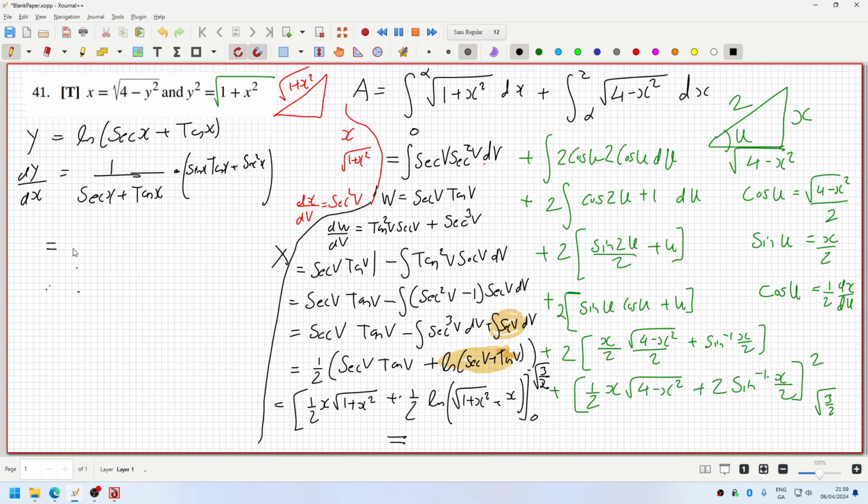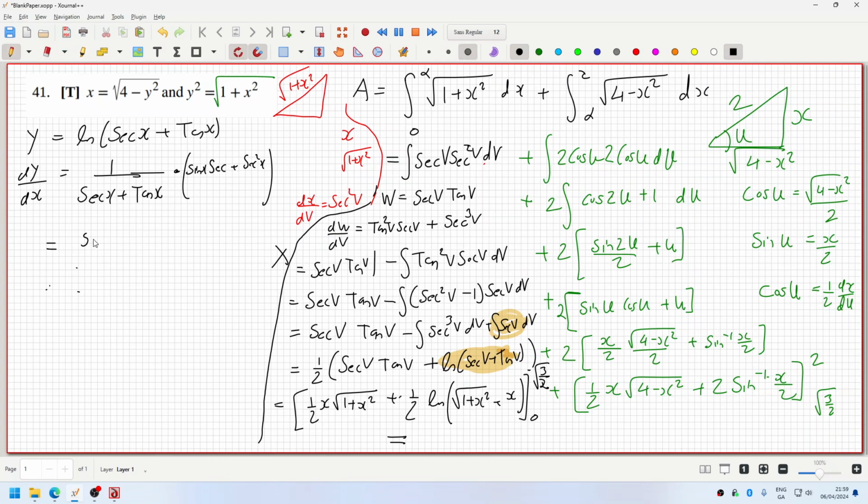So let's try and simplify this actually. Did I do that one right? It's a sine tan or sine sec? Sine sec, isn't it? Sine sec, yeah.